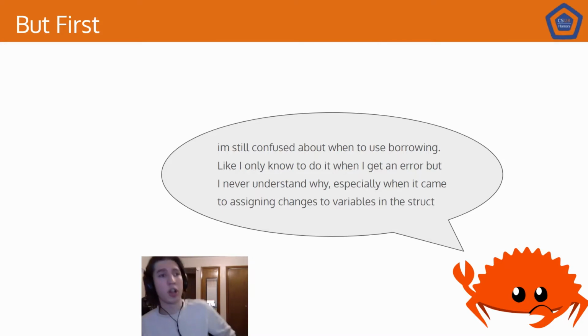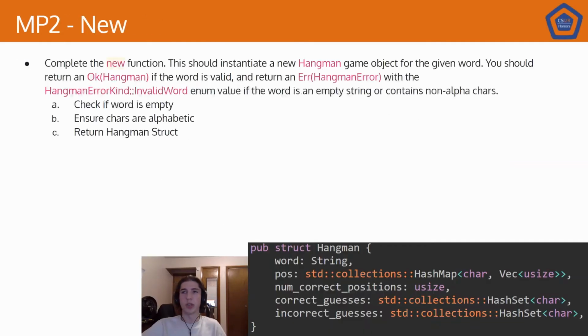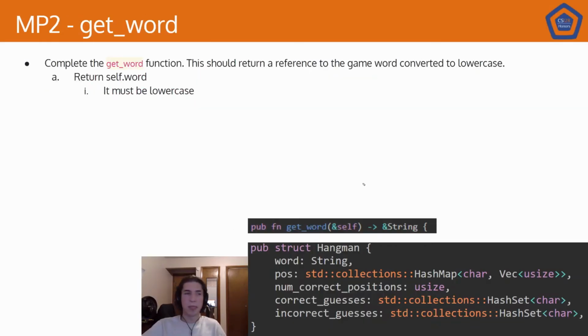You get an error very often when you use it, and you have some specific troubles when assigning changes to variables in the struct. So let me first answer this changes to variables in the struct question, because I think that's a little separate. So in this specific case, in the getWord function, we say, hey, you need to return self.word, and it needs to be lowercase, right? The important thing that we wanted y'all to realize here is we don't have a mutable reference to self.